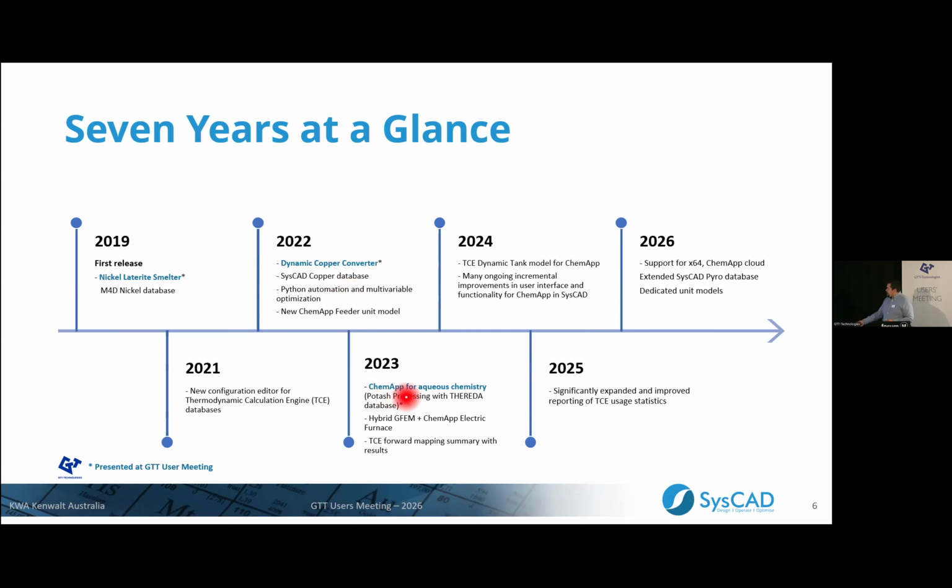In 2023, we presented an example using the Tereda database, which I don't know if you're familiar with. That's also developed by another group, but it's specialized in aqueous chemistry with ChemApp. And we demonstrated that for potash processing using that database.